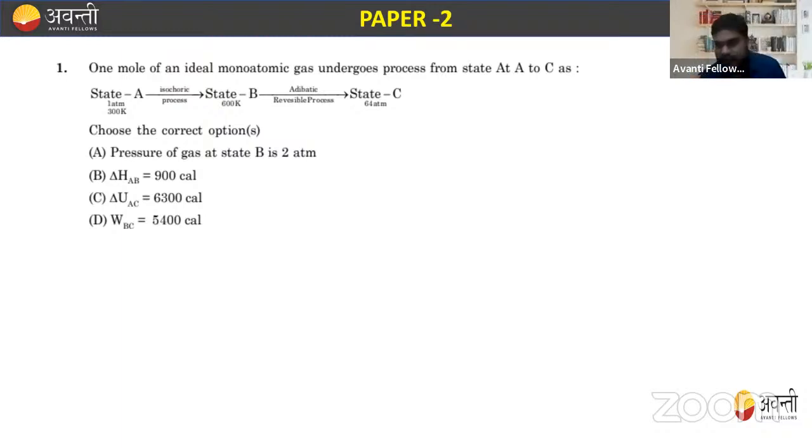You have to identify the correct option, right? So let's see which option is correct. State A. So we know that state A means what?